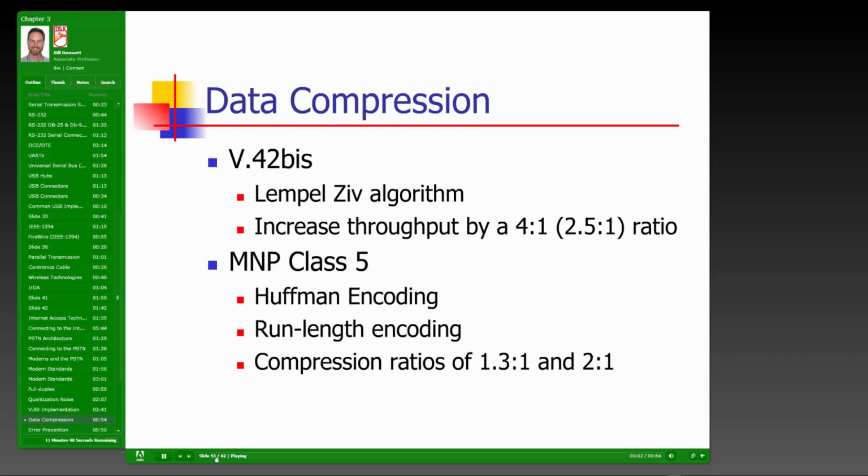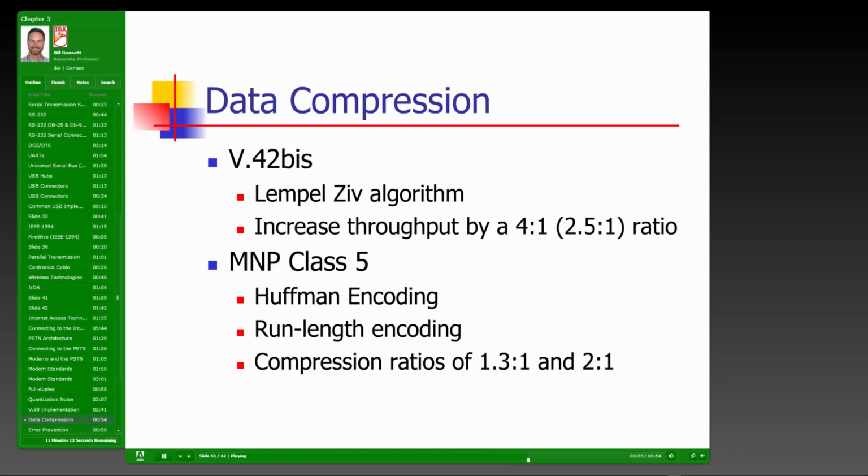So here's some tidbits of information on data compression. There's two different data compression technologies that were commonly used in modems, V.42 bis and the MNP class 5. The V.42 bis used the Lempel-Ziv algorithm, and it had a theoretical increase of throughput of 4-to-1 ratio, but through testing and whatnot, they determined that the reality was more like 2.5-to-1 as far as the compression ratio.